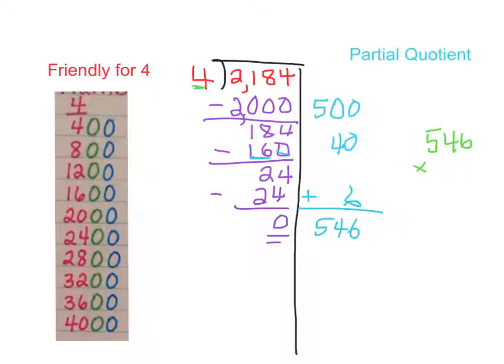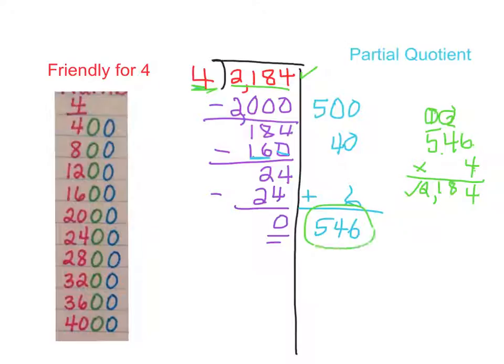I multiply it times my divisor 4 to see if I get the dividend that I started with. 4 times 6 is 24. 2 goes up, 4 goes down. 4 times 4 is 16, plus 2 more is 18. 1 goes up, 8 goes down. 4 times 5 is 20, plus 1 is 21. 1, 2, 3, comma me. 2,184. That is exactly what I started with up here.